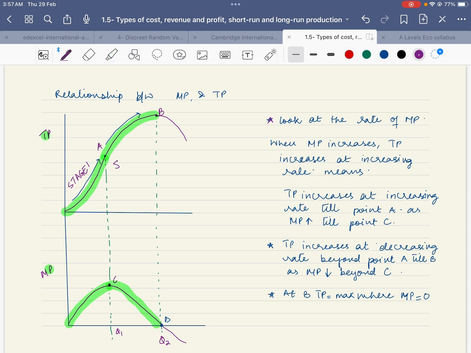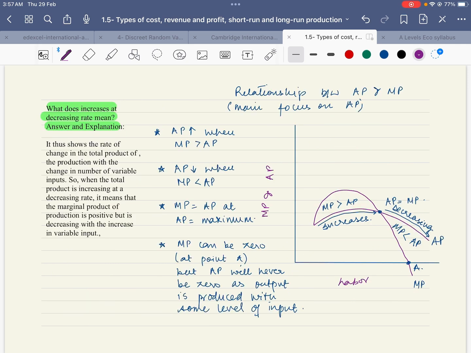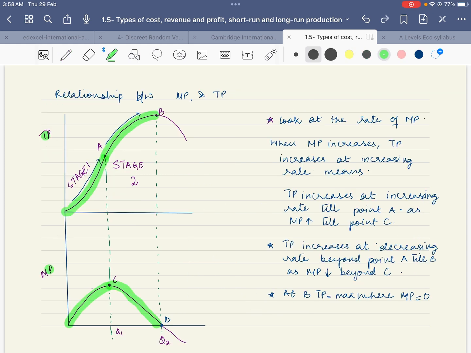This is stage 2. Increasing at a decreasing rate means that the marginal product is positive, but it is decreasing with the increase in variable input. Total product starts declining when marginal product becomes negative. This is called stage 3.